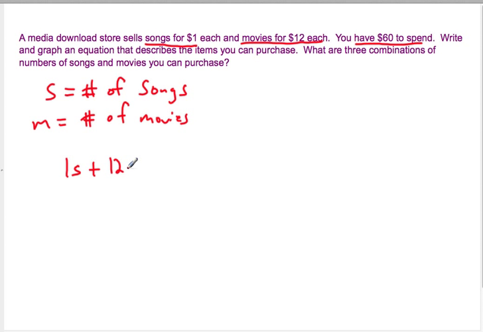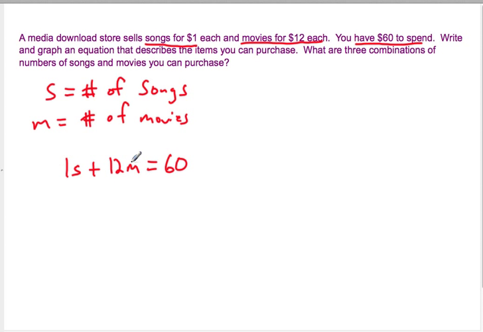So this term really means the amount of money we spend on songs, and this term is the amount of money we spend on movies. And the amount of money we spend on songs plus the amount of money we spend on movies is going to equal how much money we were allowed to spend on songs and movies. So here's our equation.